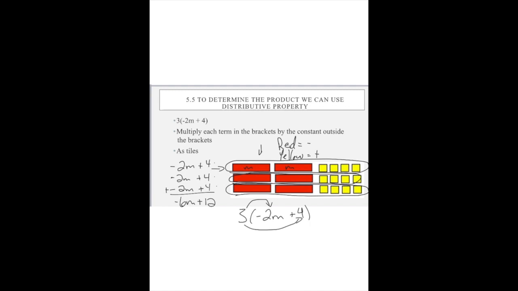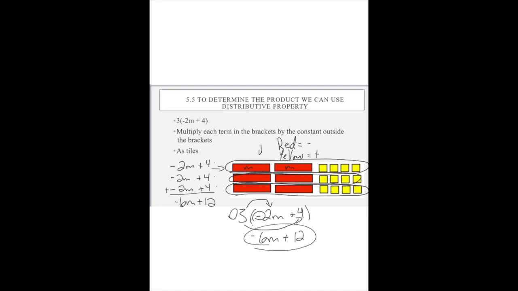So 3 times negative 2m, of course, is negative 6m. That's the first part. We have to carry this negative symbol down, of course. And then we have 3 times positive 4, or plus 4. So the positive will remain since this itself is a positive. So 3 times 4 will equal 12.